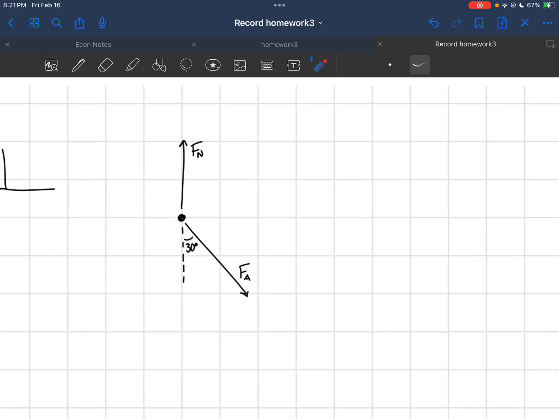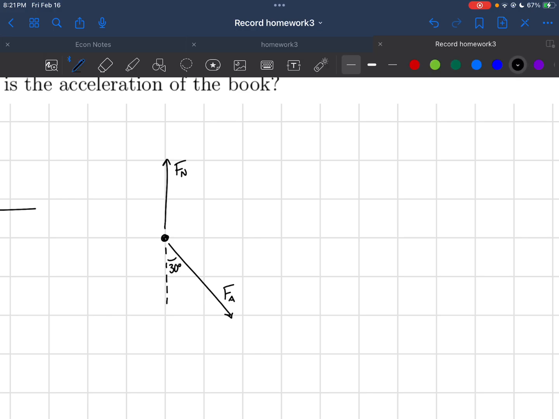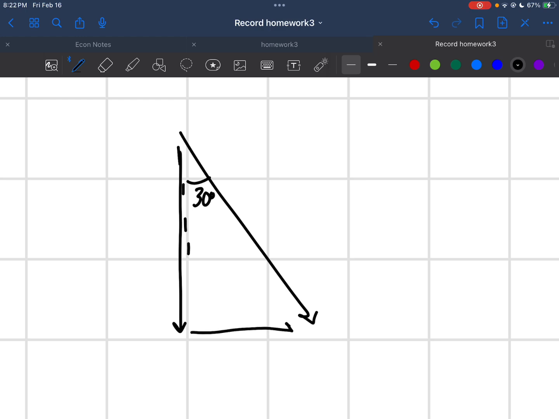So now, the first thing I do when I'm given vectors that aren't aligned with my coordinate axes is I break them into components. So this applied force at my angle of 30 degrees here will have my y component and my x component. So I'll call that FA, which equals 9.8 newtons.